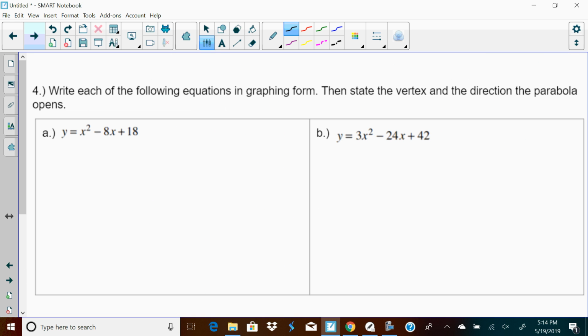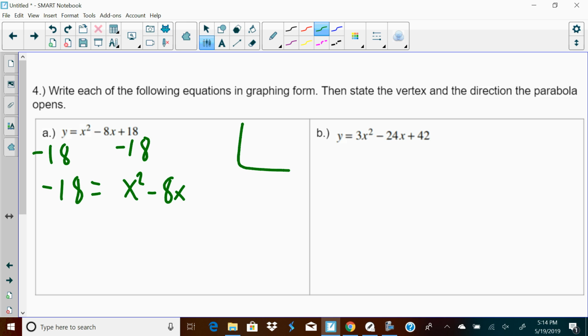Problem 4, write the following in graphing form, then state the vertex and the direction the parabola opens. So to write this first one in graphing form, I'm going to subtract 18 from both sides because I'm going to complete the square. I'm going to get negative 18 equals x squared minus 8x. So I'm going to complete the square up here. Negative 8x divided by 2 is negative 4x.